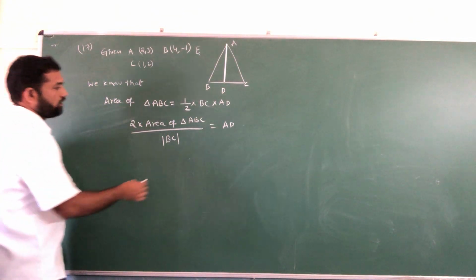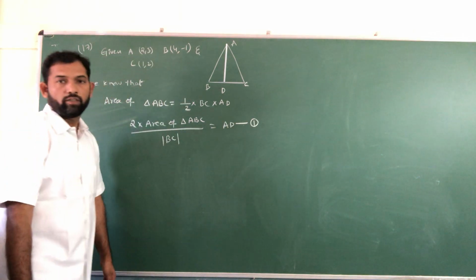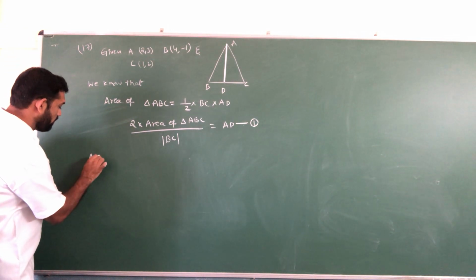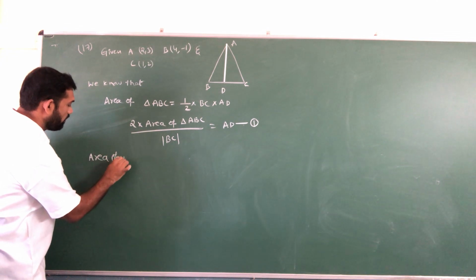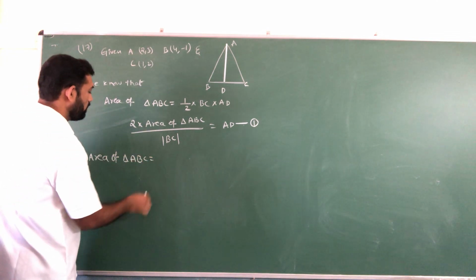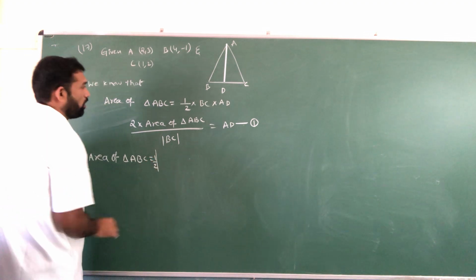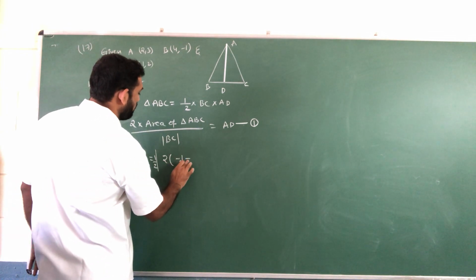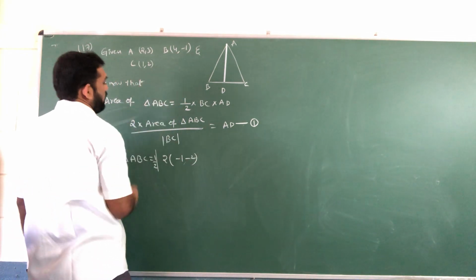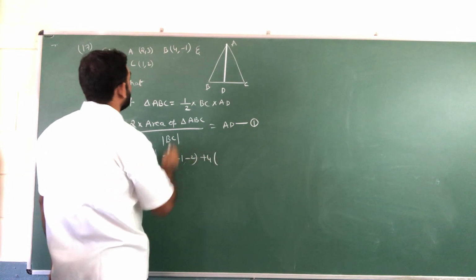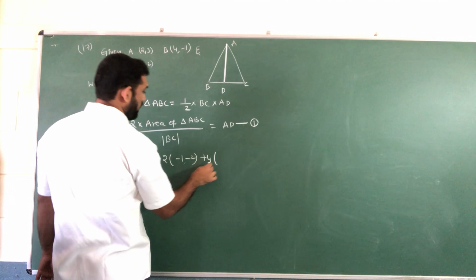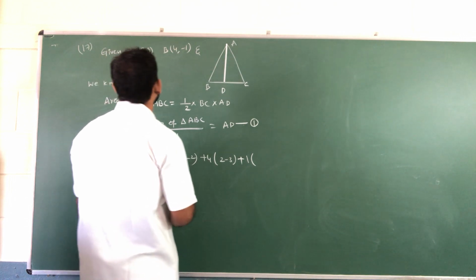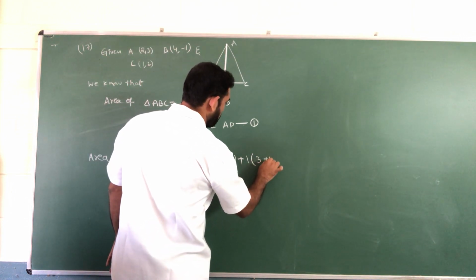This is equation number 1. First the area. Area of triangle ABC, how is that value? Half into modulus of x1 times (y2 minus y3): so 2 into (-1 minus 2), plus 4 into (2 minus 3), plus 1 into (3 minus (-1)), meaning plus.